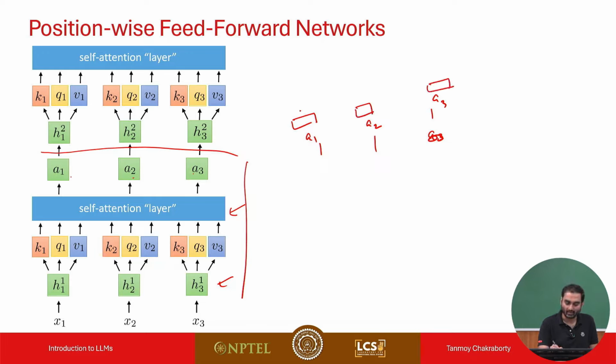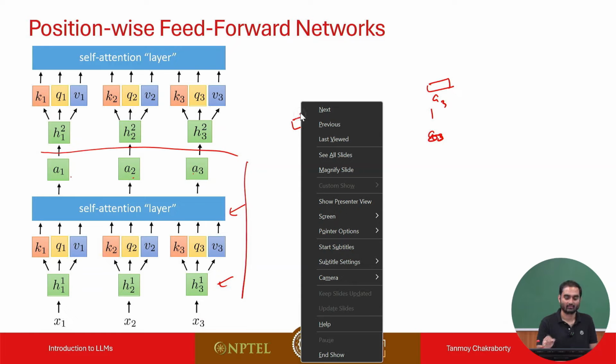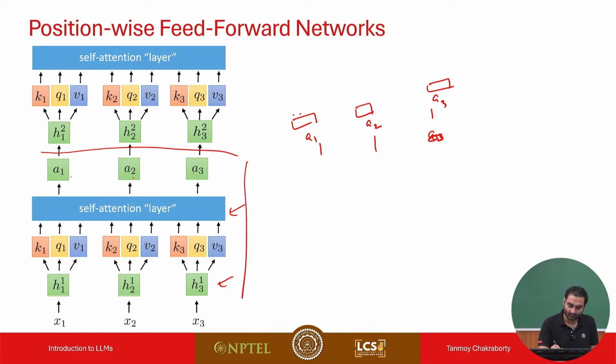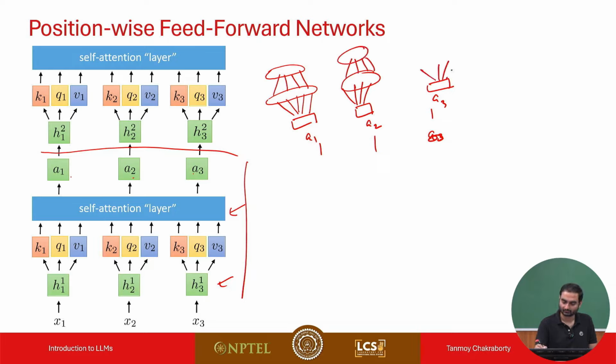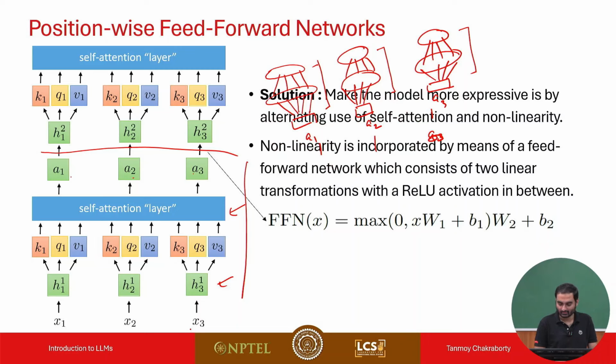What we do is apply a feed forward network at every position. It's a two-layer network, with one hidden layer, something like this. So this is a feed forward network. There are two layers. So what it will do is essentially this.